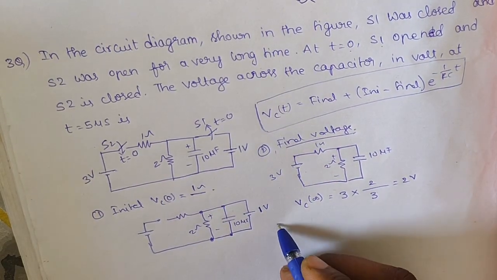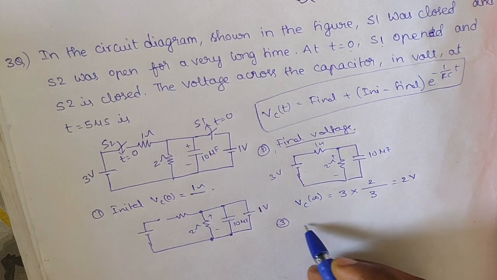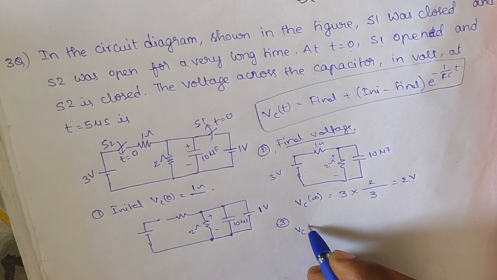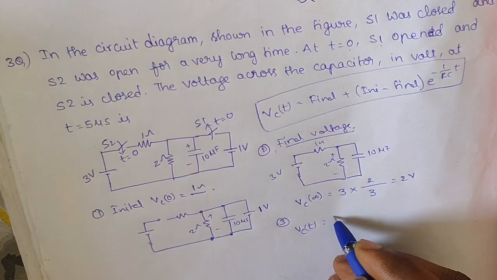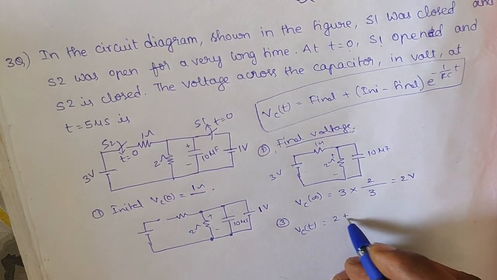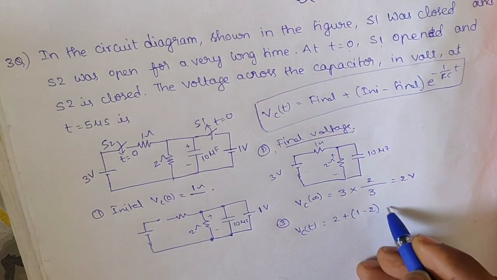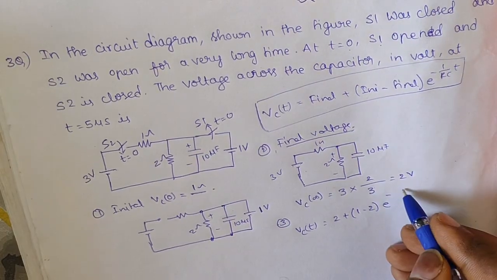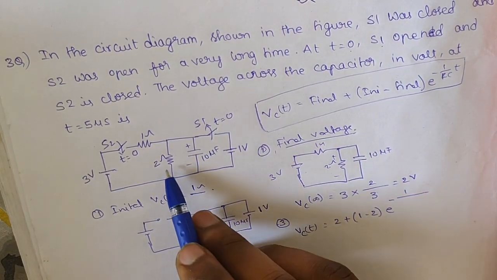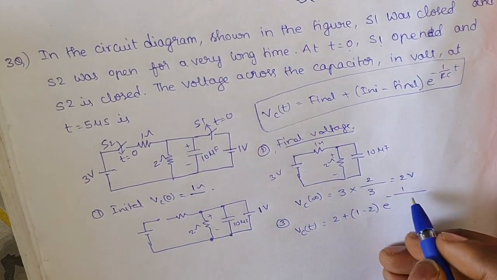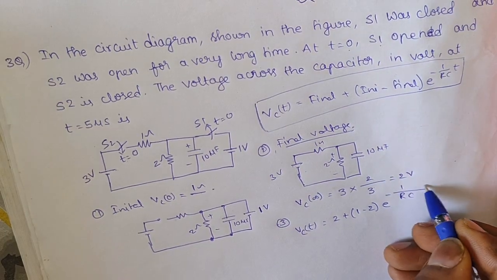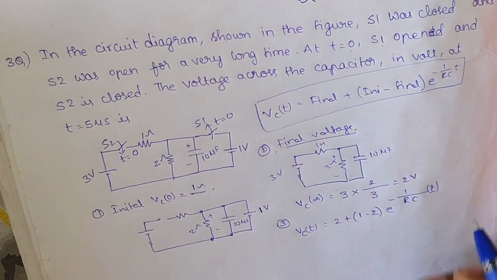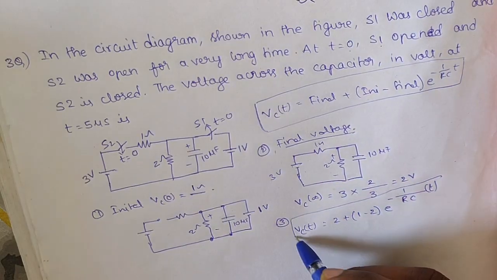So putting in the solution, third step: Vc of t is equal to final value 2 plus initial value 1 minus 2 into e power minus 1 by RC into t. We will find the RC value. This is the expression.